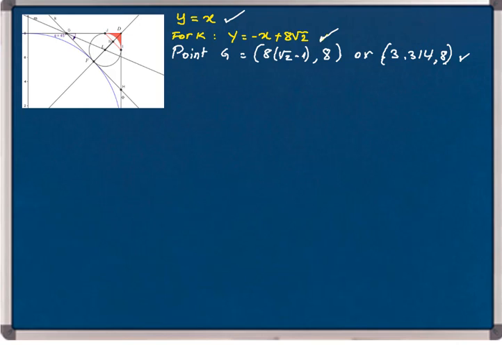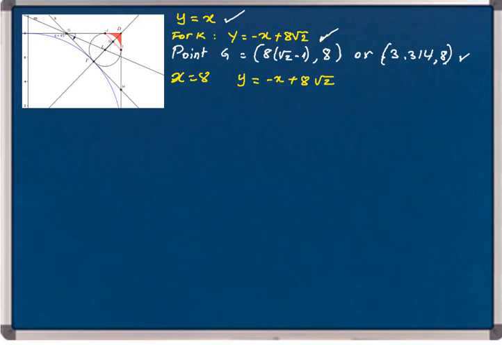Now let's find the coordinates of point H. Point H is also on that same line K, and the x of point H is equal to 8 because of the width of the square. But we know that the equation of line K is y equals negative x plus 8 square root of 2.